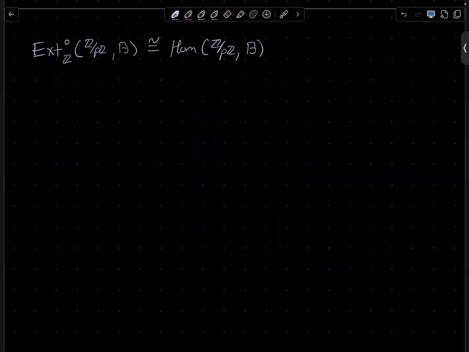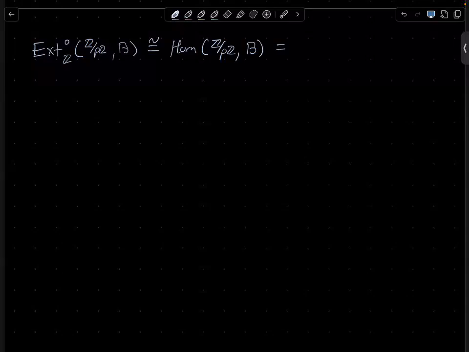You need to send it to an element of B that also has order p. So the notation is the subscript p before the B. So this is just the p-torsion of B. So this is the set of b in B such that pb is equal to 0. Nice.